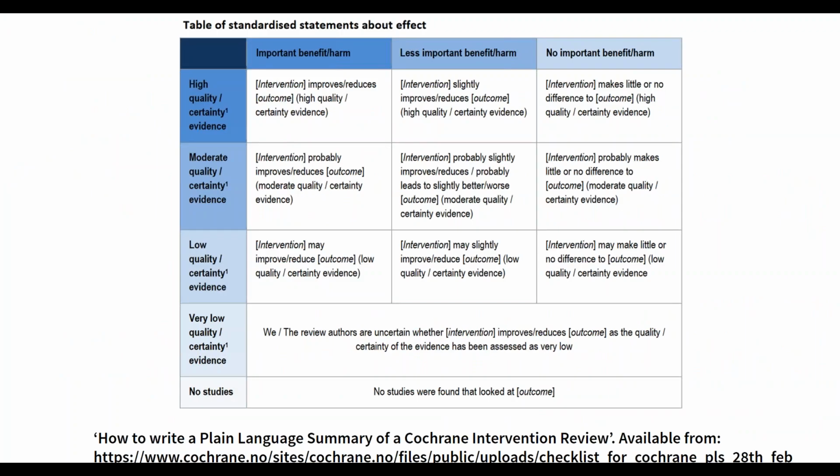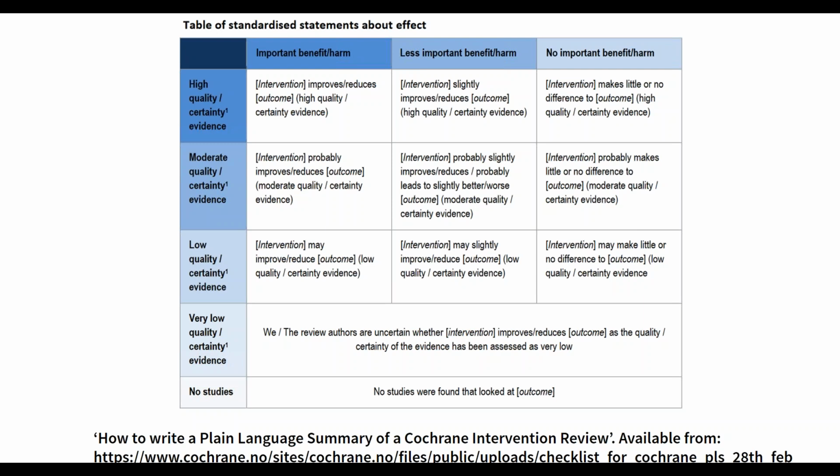Lastly, this is a nice way of thinking about trying to bring GRADE in, not just put a GRADE rating alongside a result, but actually give people a bit more information about the size of the effect. I've taken this table from guidance that was written by Claire Glenton and colleagues, and it's posted on the Cochrane Nordic website on how to write a plain language summary for an intervention review.